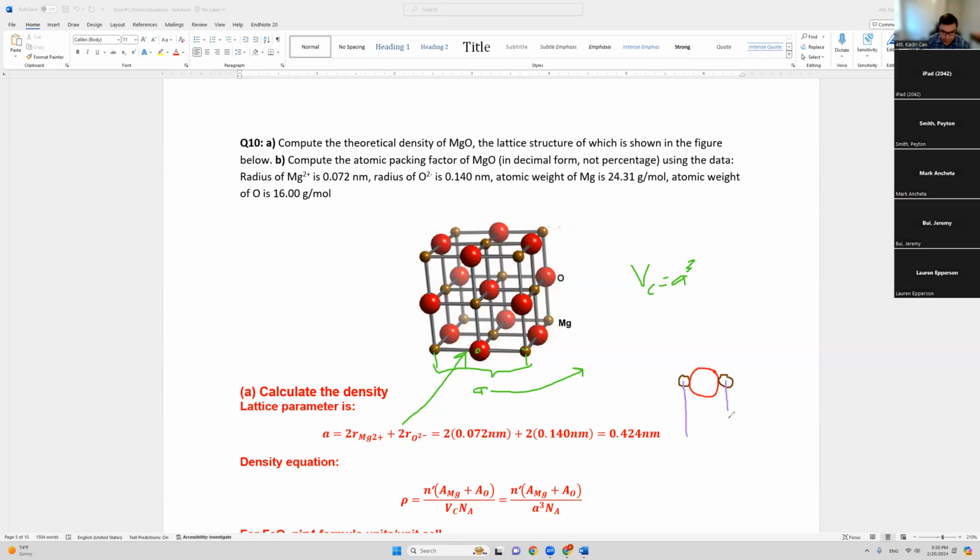Starting from the center of these atoms, this is the edge length of the unit cell, which is A. I am looking at these three atoms here, in this direction. Does that make sense?